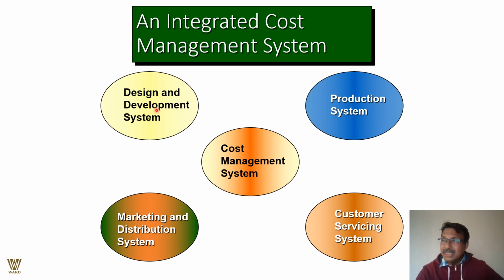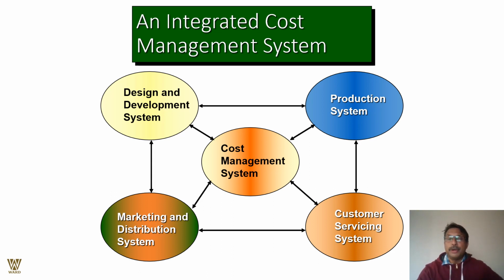How do you design the business, develop the business, the structure of the organization, the production system as in manufacturing, the customer service system as in the supply chain, how it reaches the end customer, and the marketing distribution: why should the end customer be motivated to purchase your product. This is what an integrated cost management system is all about.